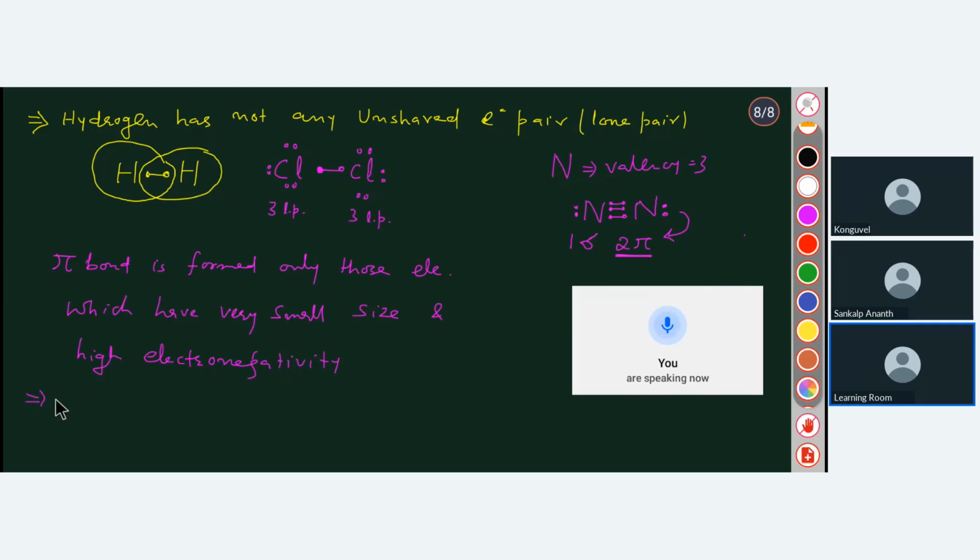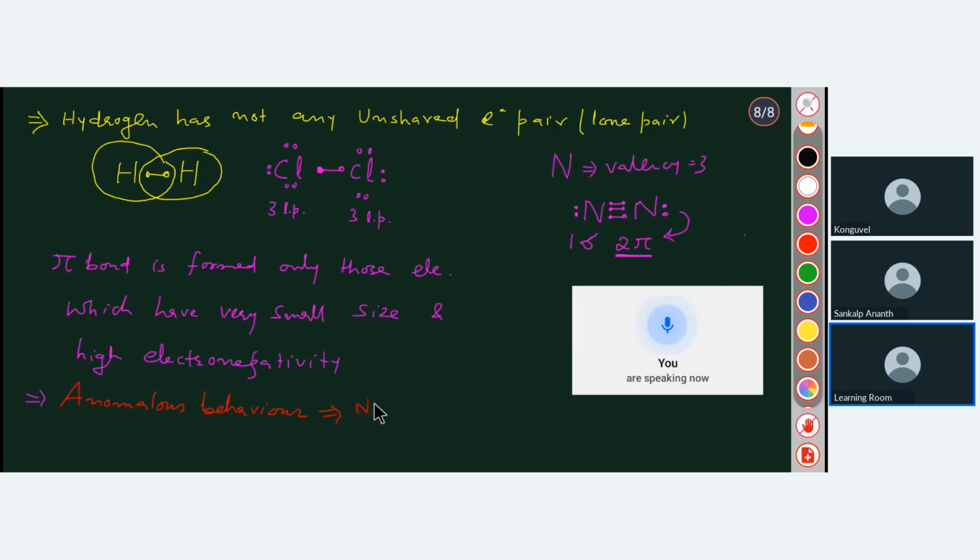That is why we say that hydrogen has anomalous behavior. Anomalous means it is confused. It doesn't have any proper position in the periodic table, because if it resembles the alkali metals, it should be placed in group one, but it also differs from the alkali metals. Then if it resembles the halogens, it should be placed there, but it also differs from the halogens. So there isn't any proper position in the periodic table.